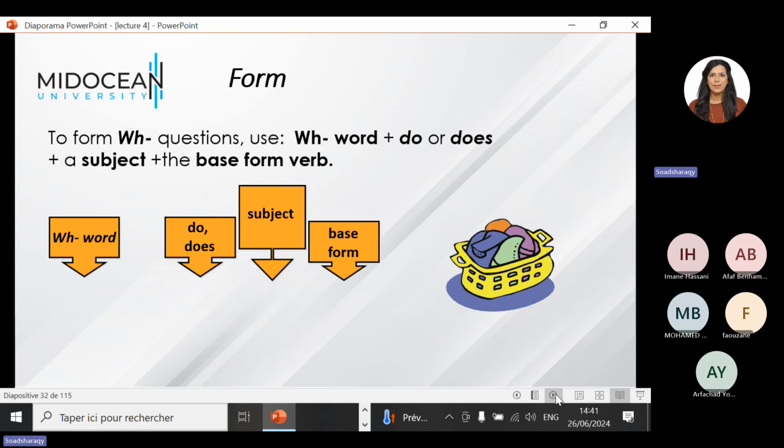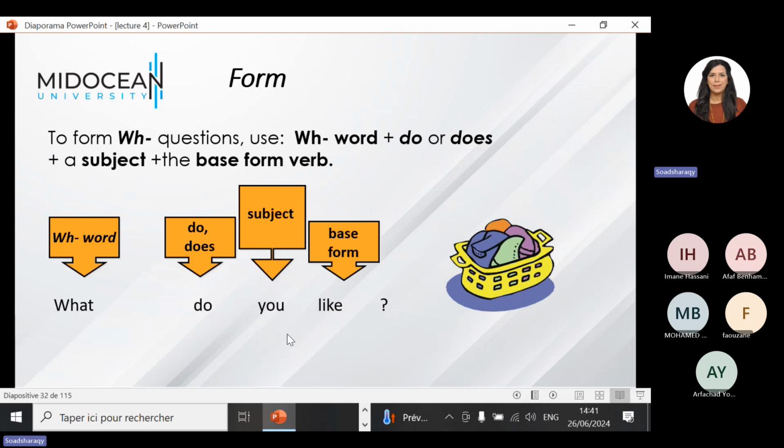Now, the form. So to form WH questions, use WH word plus do or does plus a subject plus the base form of the verb. Example. So here you have WH word, what. Then you have do, the subject you, and the base form like.